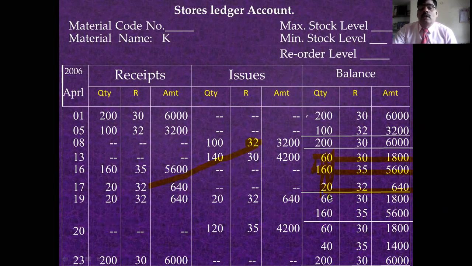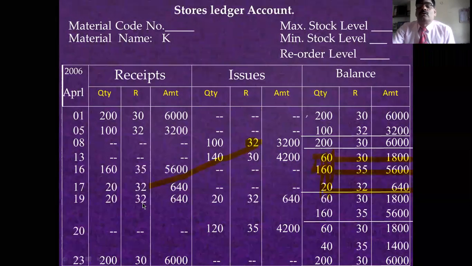On the 19th date, they told 220 units are there in the godown. Actual stock in the godown, they counted and verified, and 220 kg is there. This is the point.